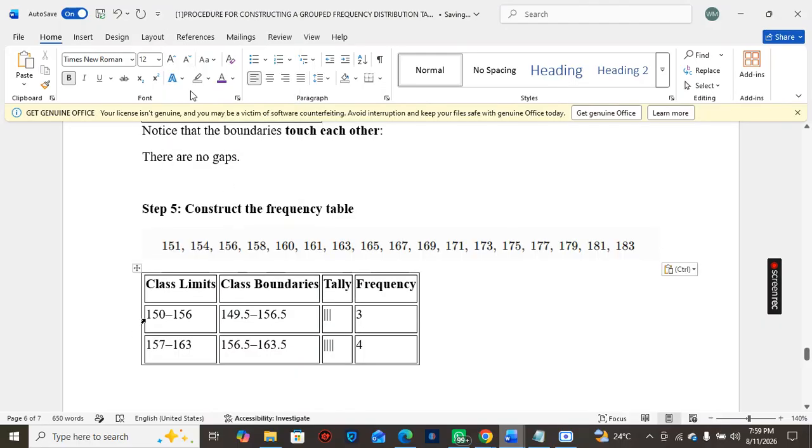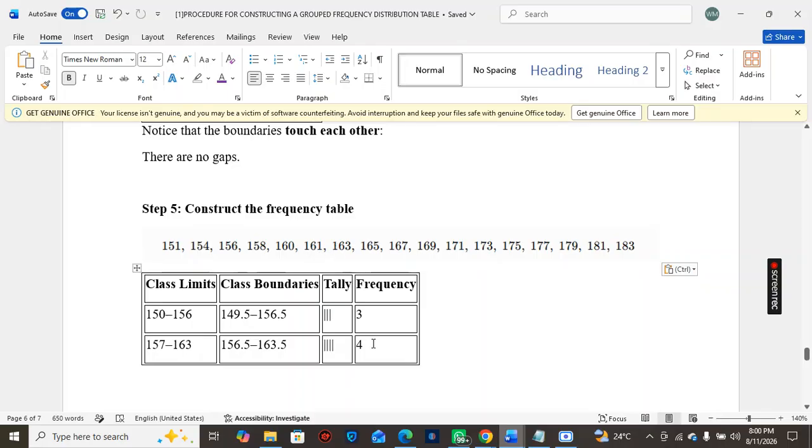So you see, from 149.5 to 156.5, you've got 151, 154, 156. So you put tally marks, 3. Then from 156.5 to 163.5, you've got 158, 160, 161, 163.